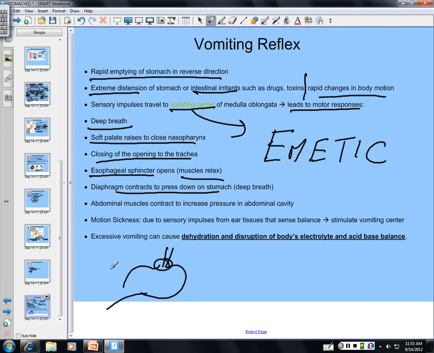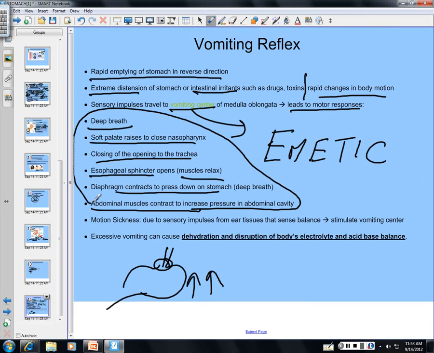The diaphragm will contract to press down on the stomach. You want to throw its contents out through the mouth. Abdominal muscles contract to increase pressure in the abdominal cavity. So all these motor responses will take place so that vomiting can occur.